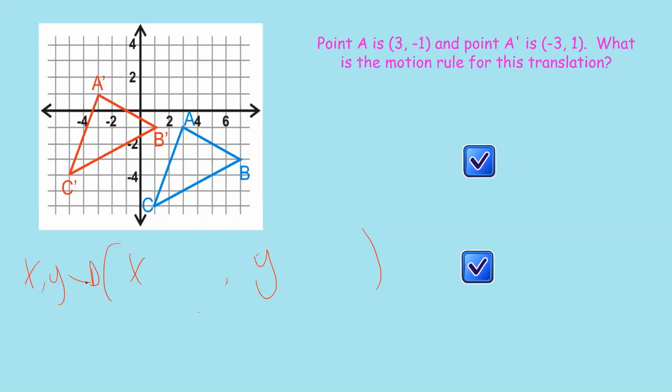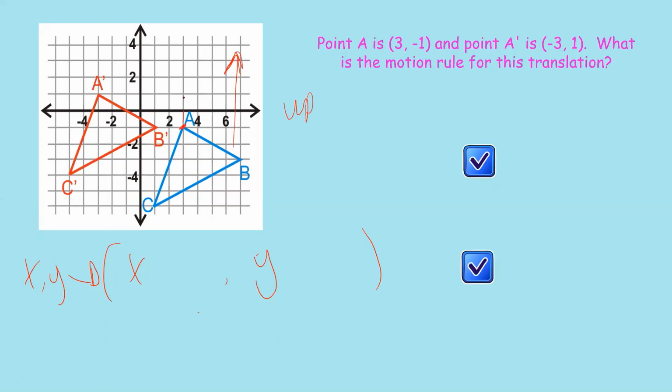Well, how many spaces did it go up or down? How many spaces did it go left or right? Look at A, blue, which is the original, and then look at A prime, which is the new one. What happened to those points? How many spaces did it go up?